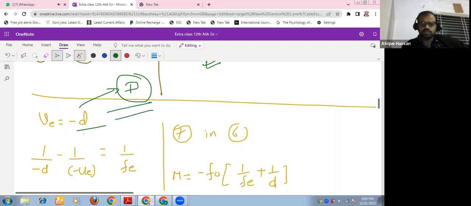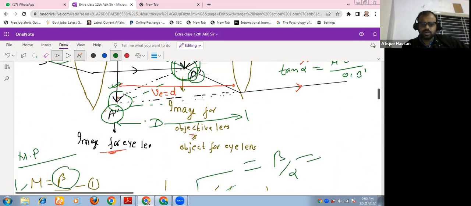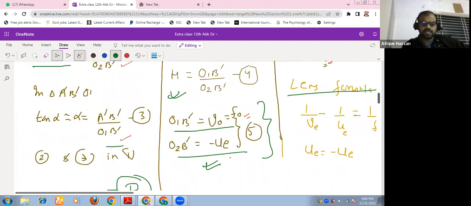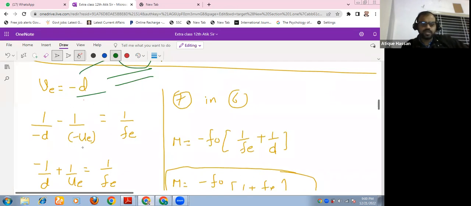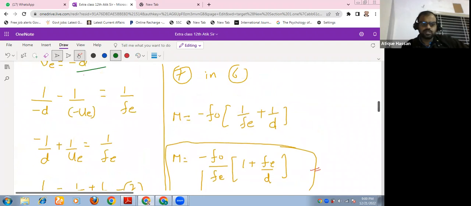So now putting the value of V as minus D. Obviously all the images and objects are in the left direction, so we are taking the minus sign, and from the eyepiece the image is formed at this distance of distinct vision, so we have taken minus D. Now put those values, we will get 1 by U is 1 by FE plus 1 by D. So from here we will get the value of UE like this. Now we wanted to find UE, right?